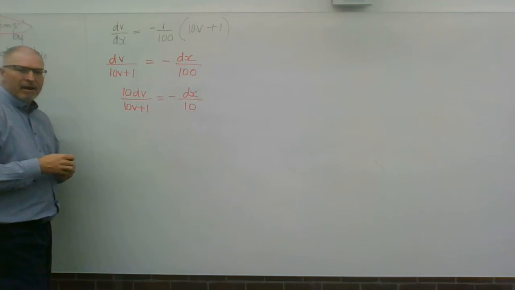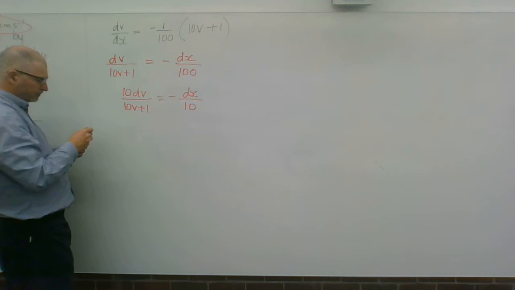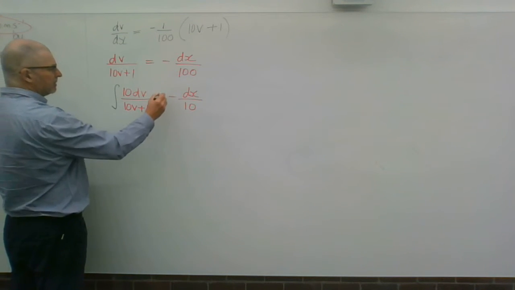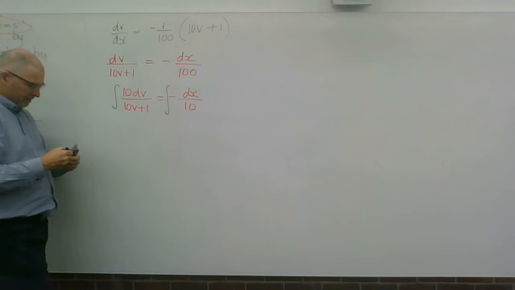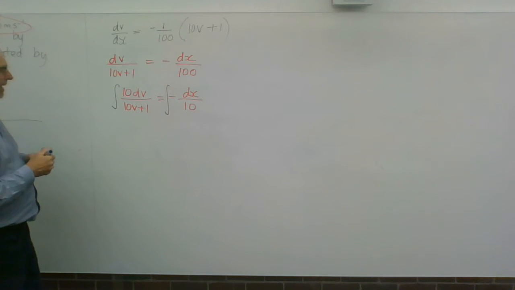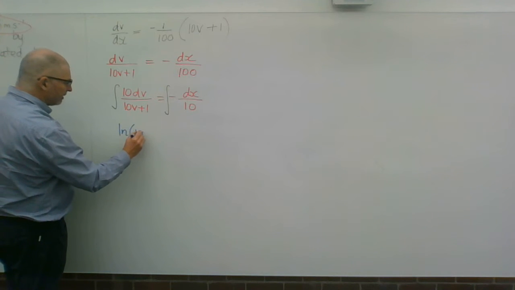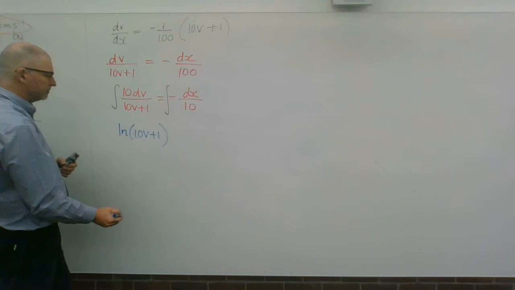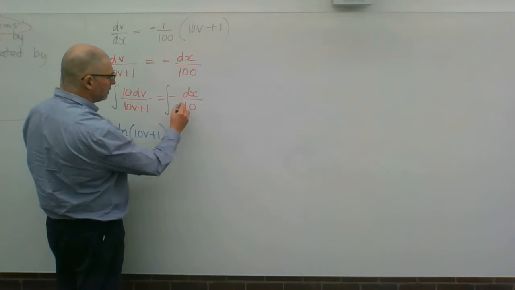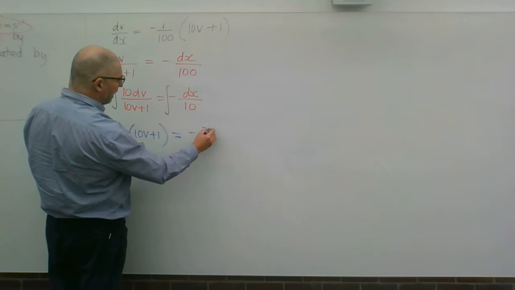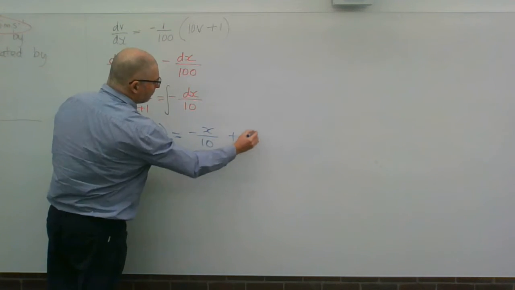All right, so now I'm going to integrate those, and I end up with the natural log of 10v plus 1 is equal to minus x on 10 plus c.